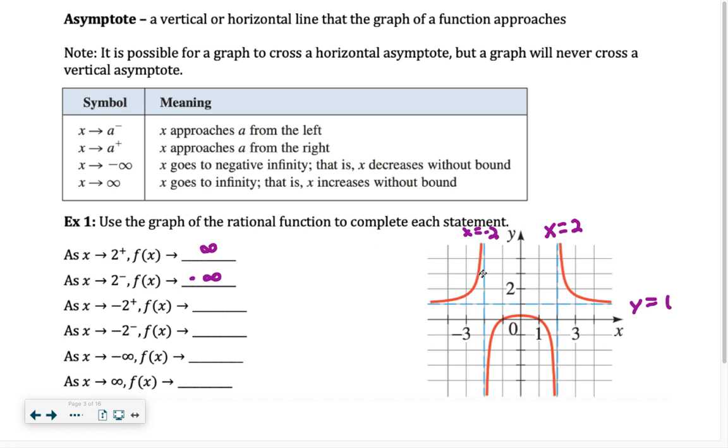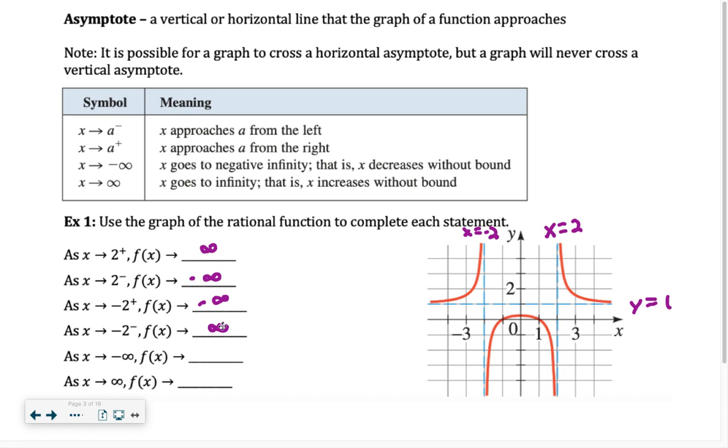We can do the same thing here for my asymptote at x equals negative 2. So as I approach negative 2 from the right, so from the right would be from here, I'm going to negative infinity. As I approach negative 2 from the left, I'm going to positive infinity.